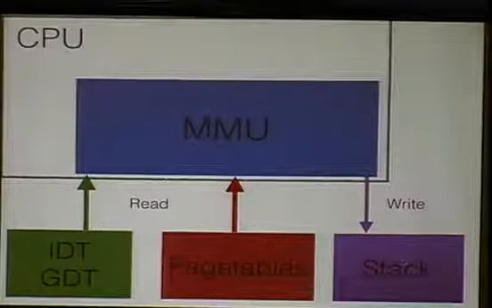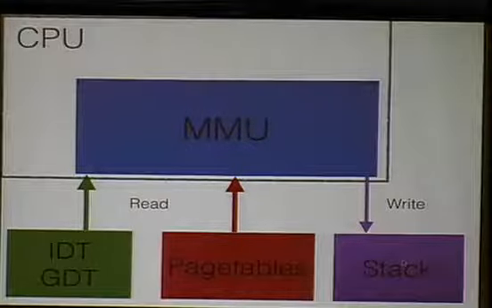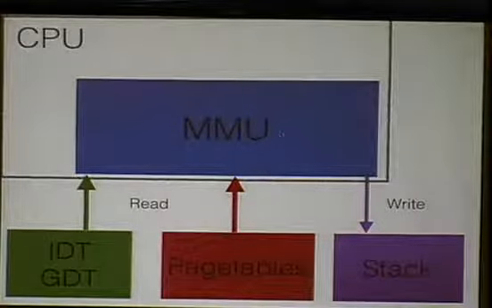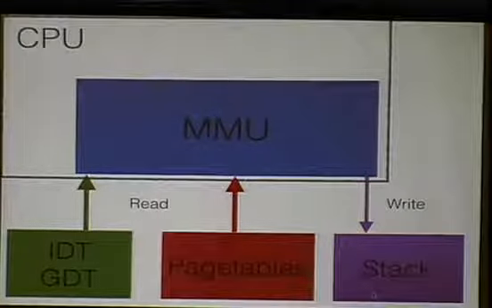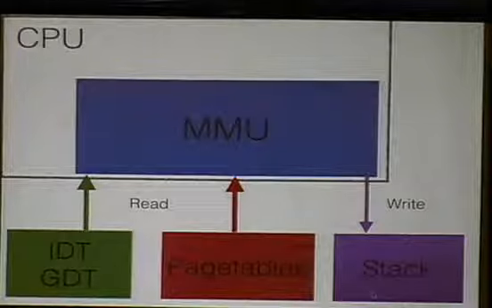And what happens when an address translation fails? A page fault handler is called, and that page fault handler will write some information onto the stack. That is to say, into the memory, into RAM, where it thinks the stack is.